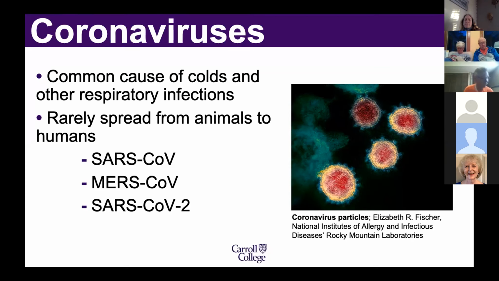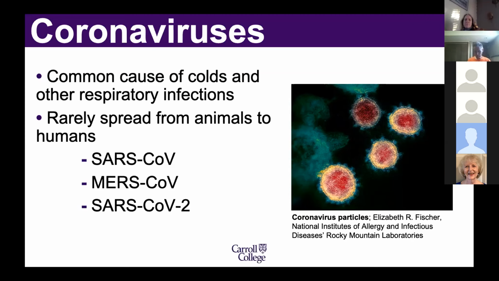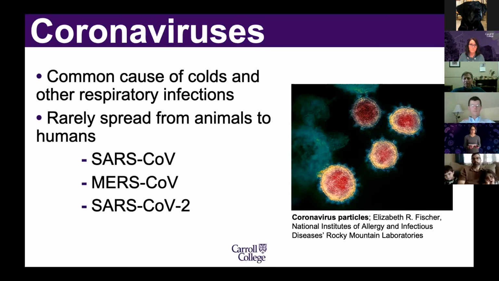SARS coronavirus circulated in 2003. It caused 8,098 infections and 774 deaths. MERS coronavirus has infected 2,494 individuals since 2012, and it has caused 858 deaths. As of today, SARS coronavirus 2 has infected over 2,176,164 individuals and caused over 145,304 deaths.